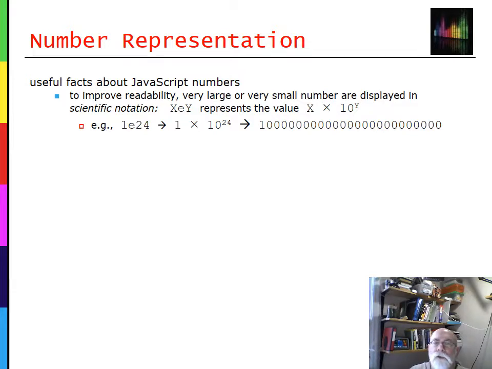Now, to show really large numbers, we use what is called scientific notation. We won't see a lot of that in our class, but you just need to know that that's what it does.